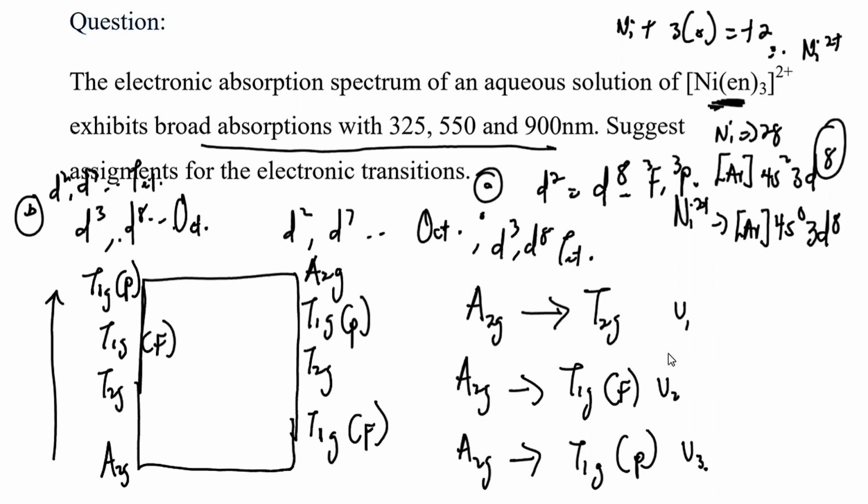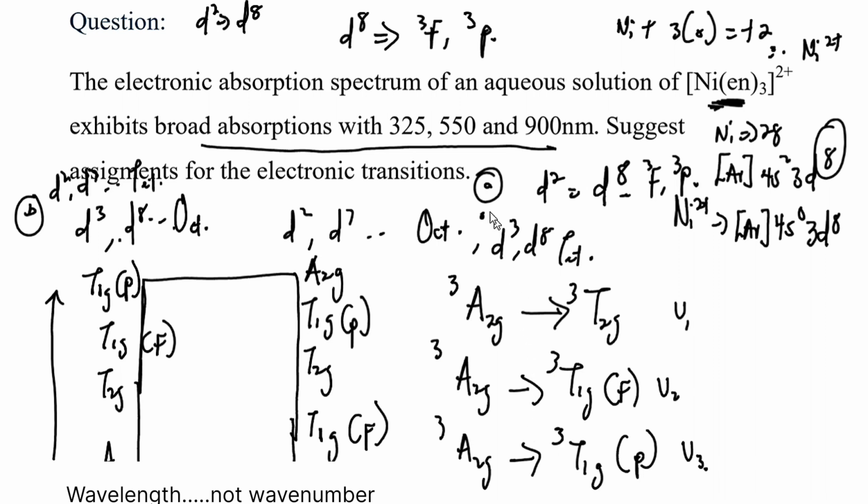What you need to take note of is this. The question says the electronic absorption spectrum of this. D8 is the same thing as D2, and they have the ground terms 3F and 3P, so put 3 on all of them.